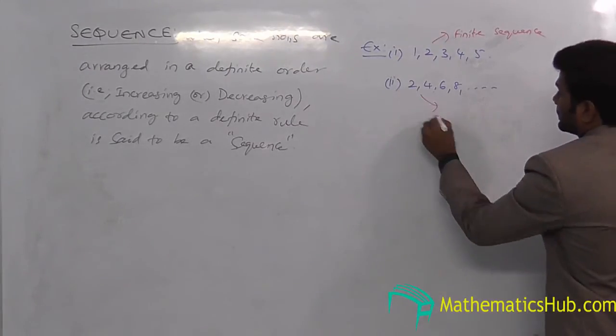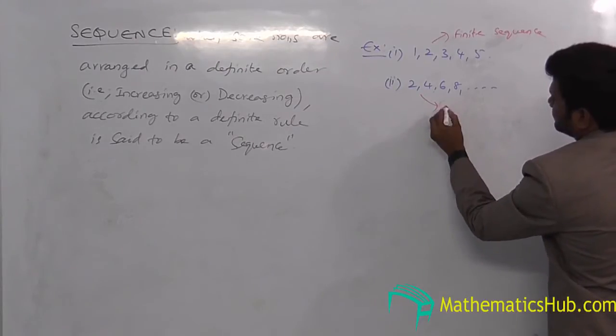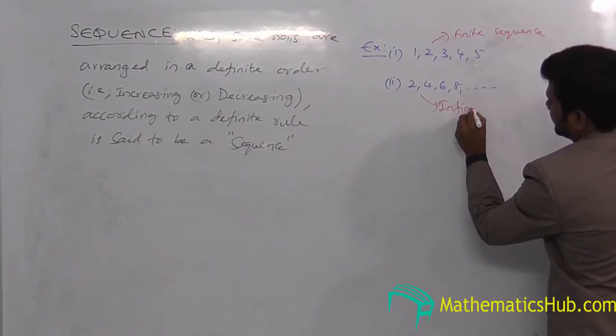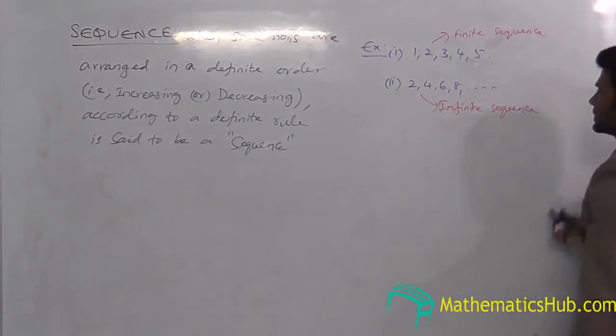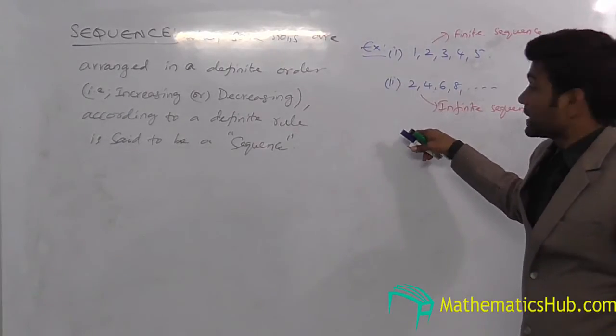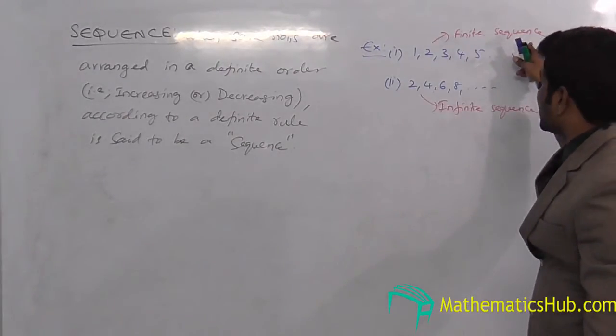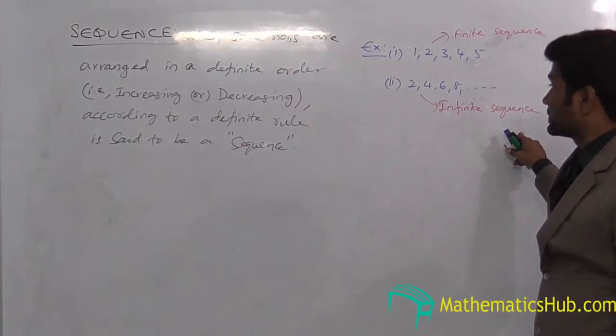So it is known as an infinite sequence. So again, sequences are of two types. They are finite sequences and infinite sequences.